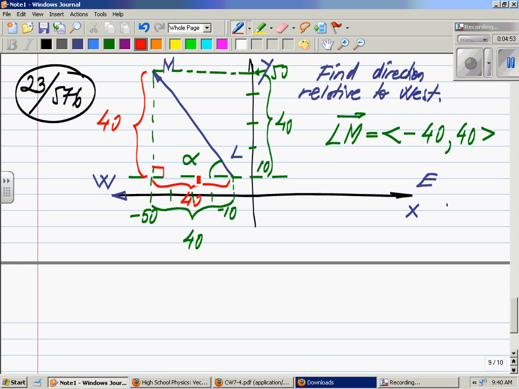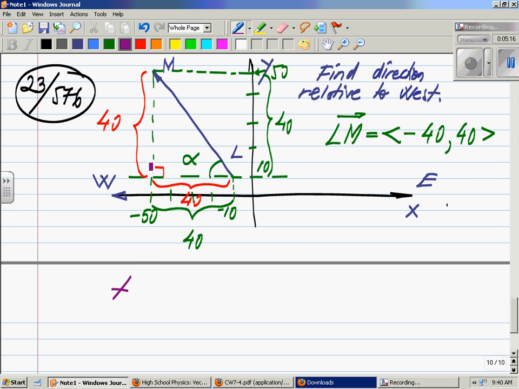Can we find out what trigonometric ratio you can use to find this angle alpha? I've got the opposite side and the adjacent side.